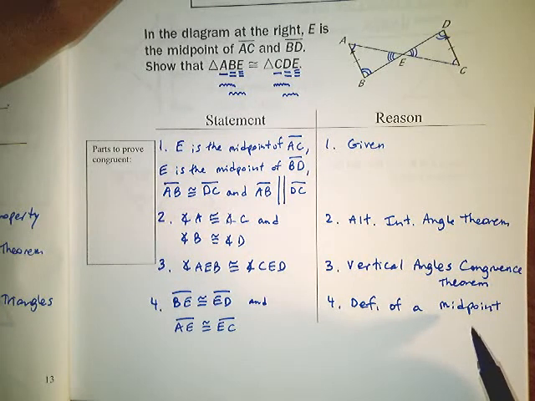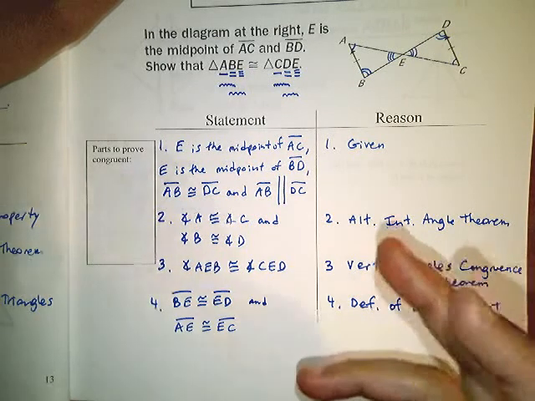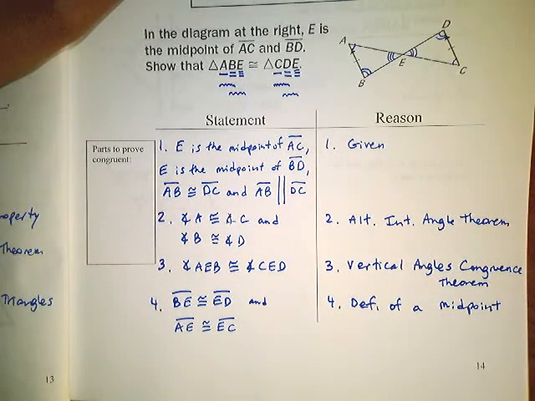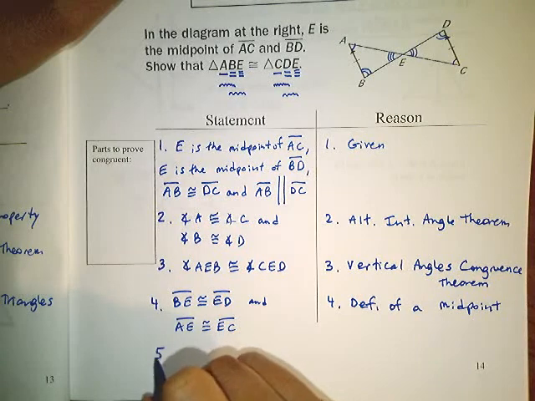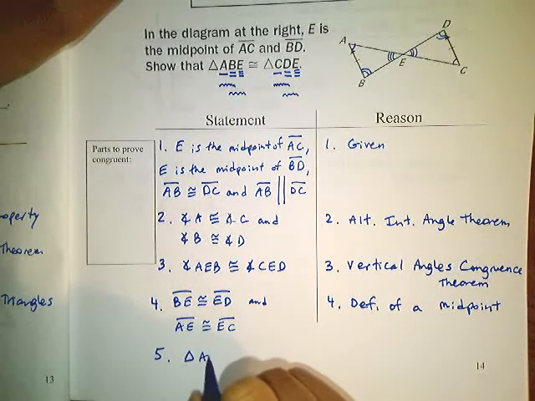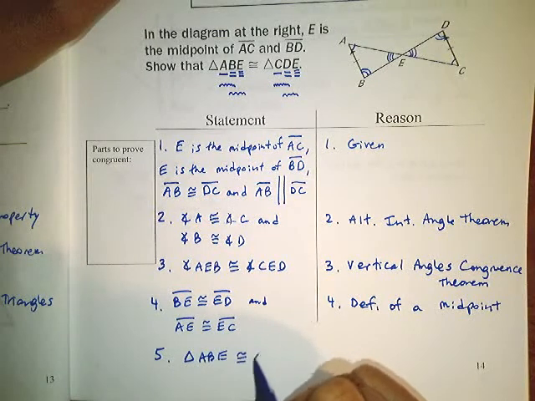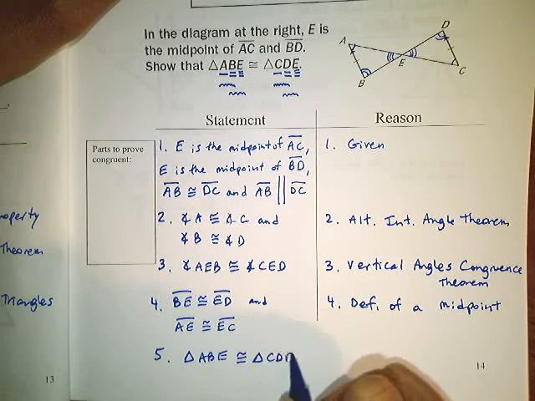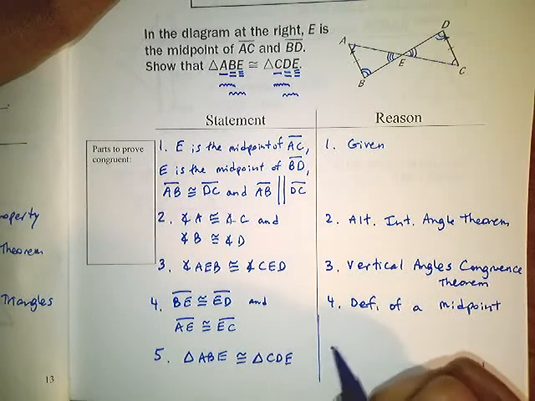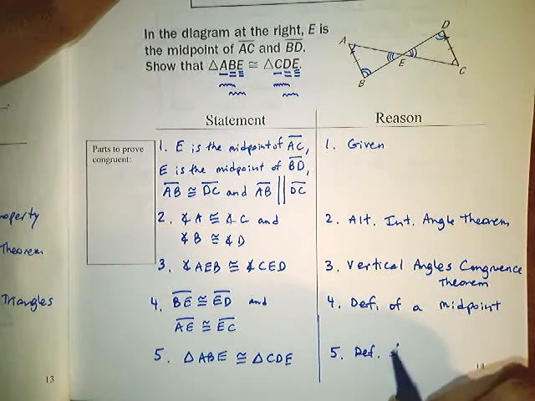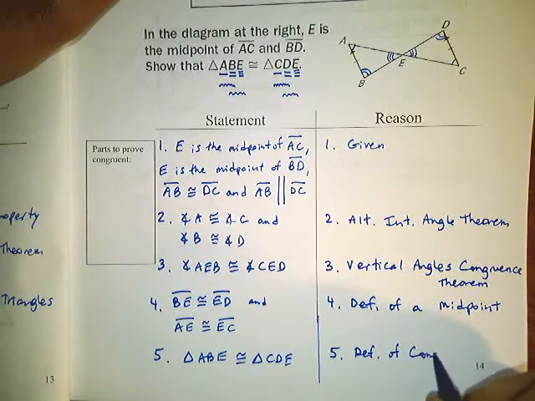Definition of the midpoint, because E is the midpoint. So we finally have 3 pairs of angles that match and 3 pairs of sides that match. They're all congruent pairs. And so we can finally say that triangle ABE is congruent to triangle CDE by the definition of congruent triangles.